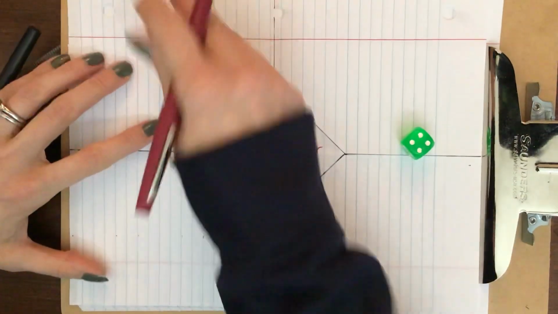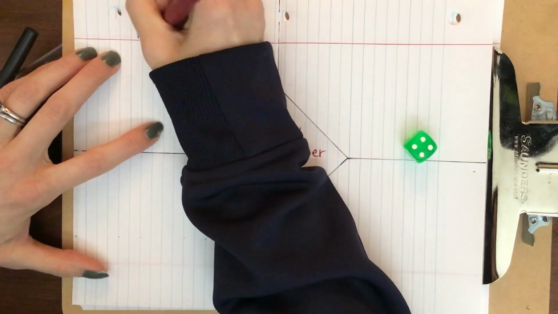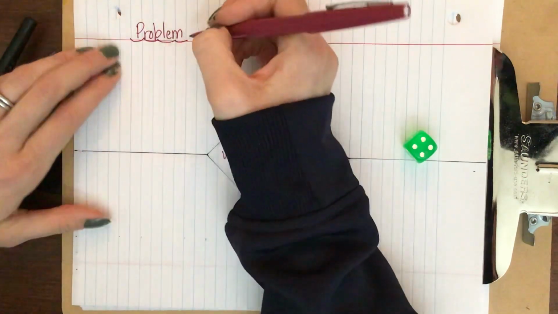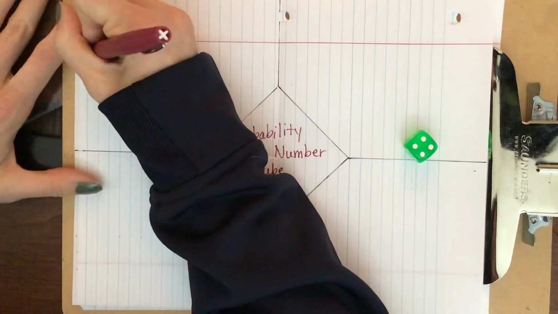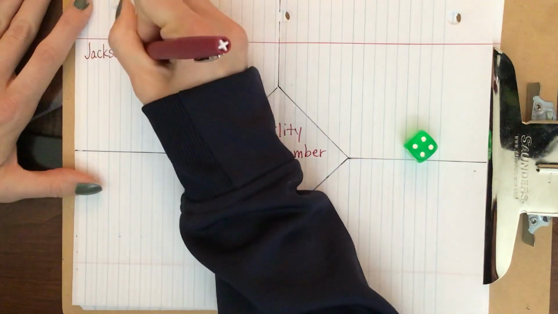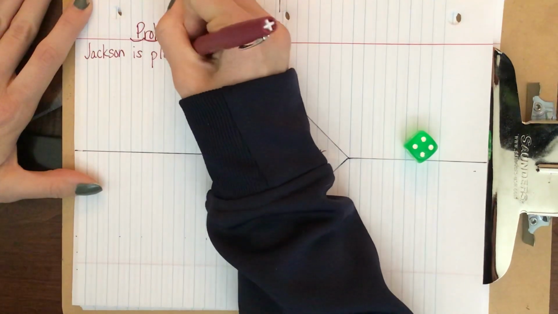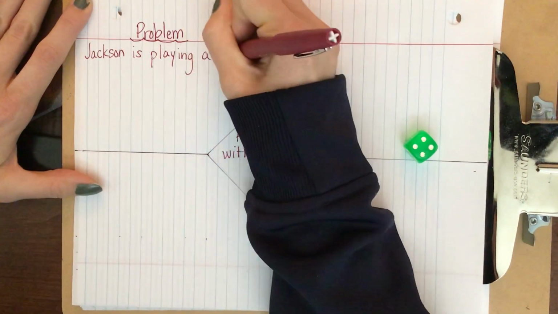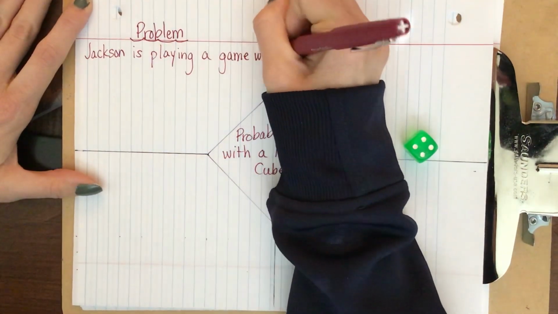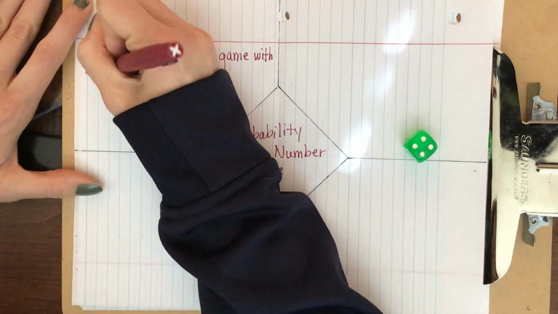So let's put our problem up in the top left corner. Okay, so Jackson is playing a game with a number cube.